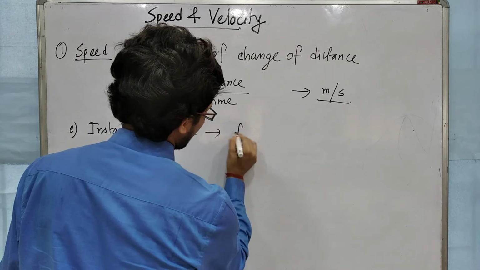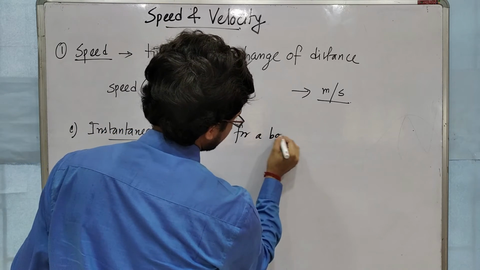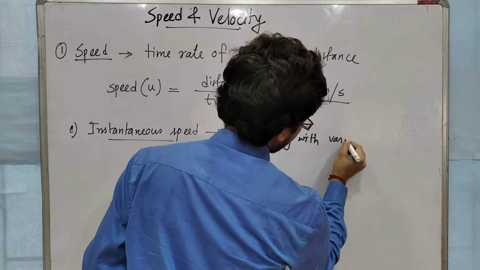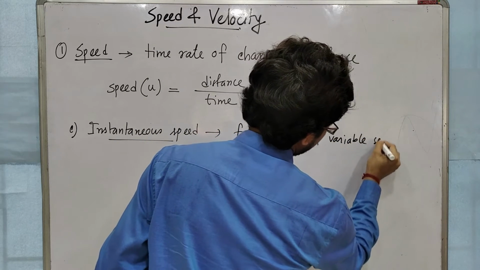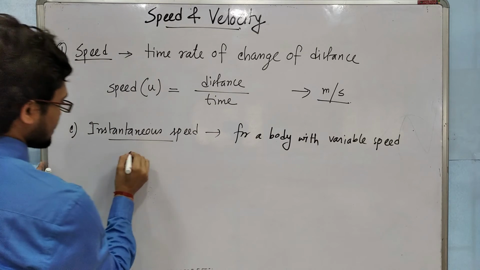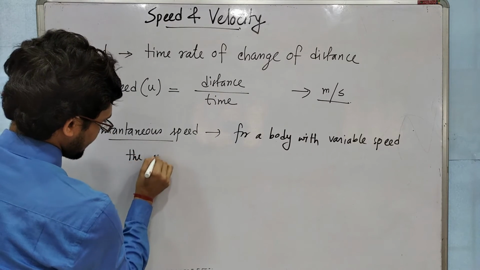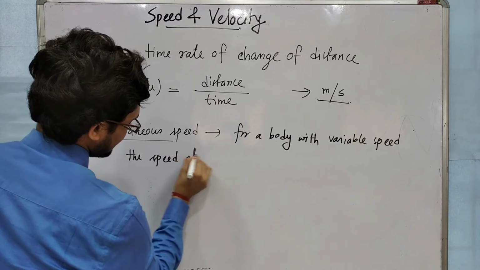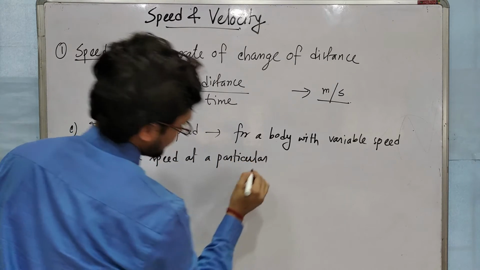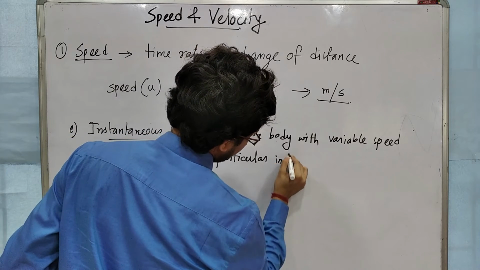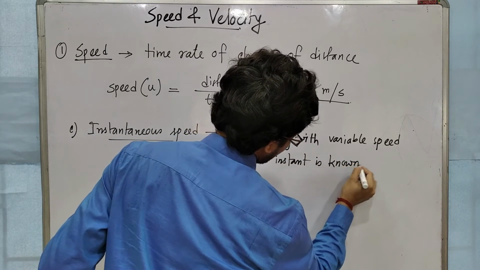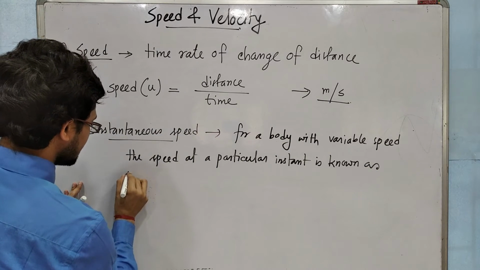So for a body with variable speed, the speed at a particular instant is known as instantaneous speed.